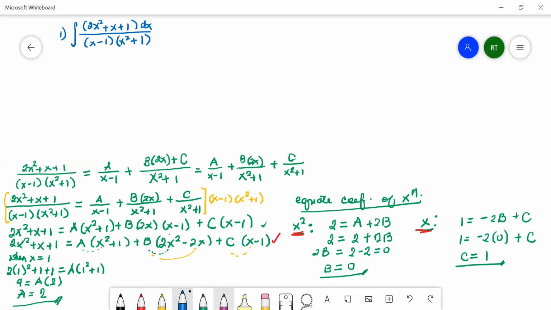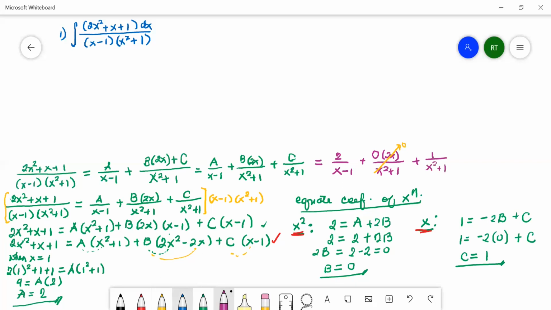Hence, we can express this as: a is 2, so we have 2 over the linear factor x minus 1, plus b is 0, so 0 times 2x over the quadratic factor x squared plus 1. Of course, since we have 0, this term vanishes. And c is equal to 1, so that will give us 1 over the quadratic factor x squared plus 1.